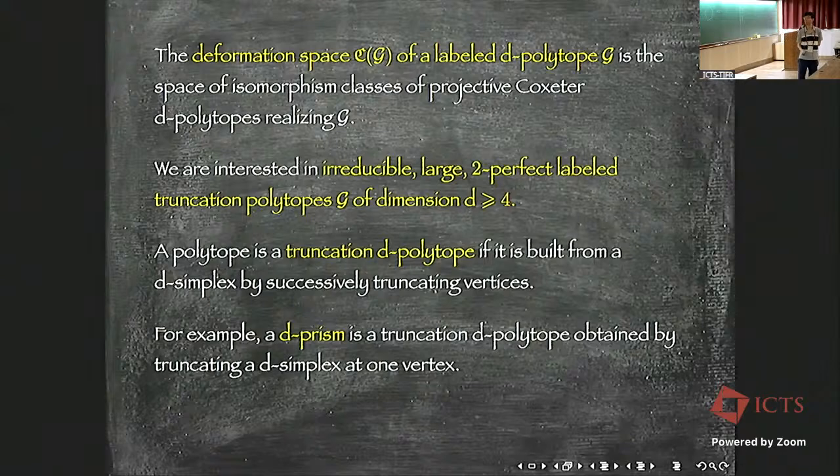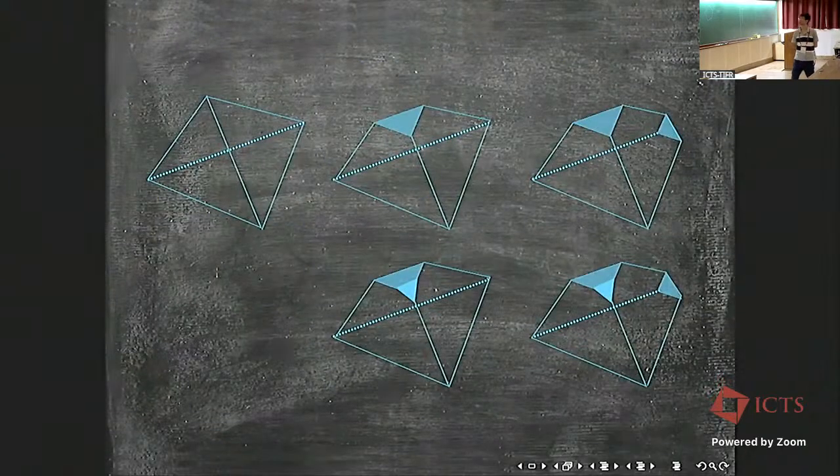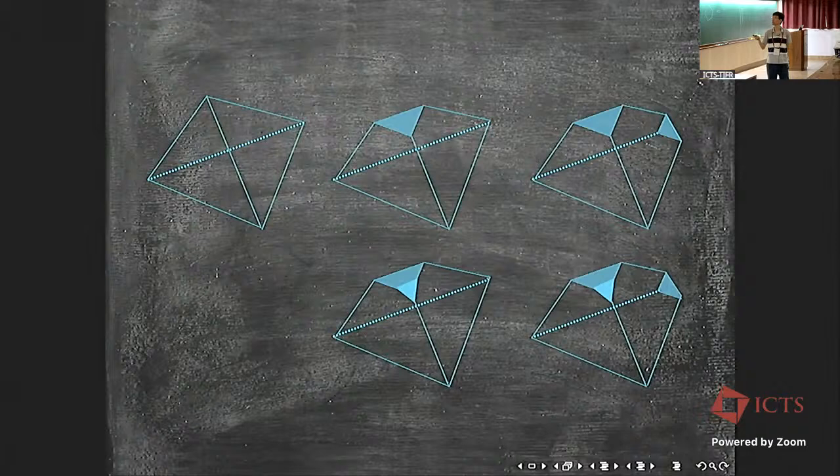First of all, a truncation polytope is simply a polytope coming from a simplex by successively truncating vertices. For example, the prism is a truncation polytope obtained by truncating the simplex at one vertex. So here this is a tetrahedron, a 3-simplex. If you truncate this vertex, then you will get this prism.